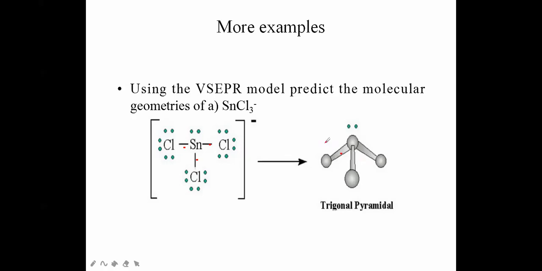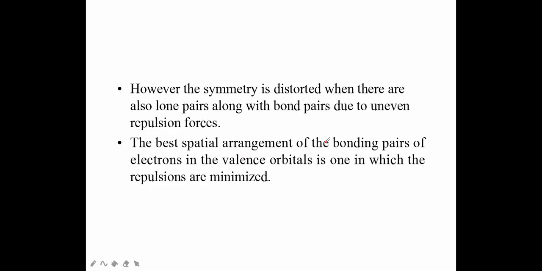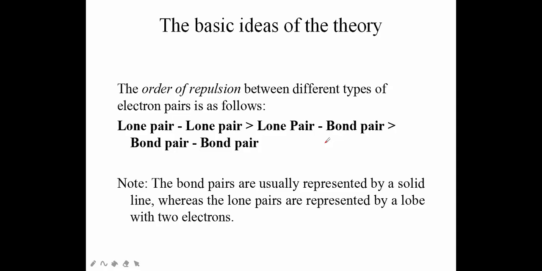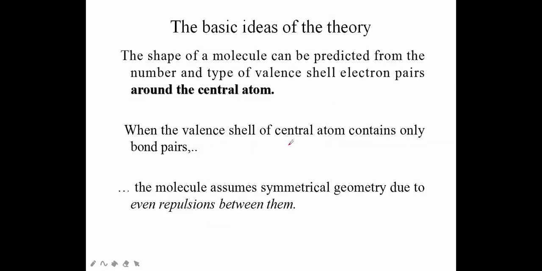That is what our statement means there: the lone pair to bond pair had a greater repulsion than the bond pair to bond pair. So because of that, it will determine the shape of the molecule. We predict the shape of the molecule from the number and the type of valence shell electron pairs. So first we needed to have drawn the Lewis structure.